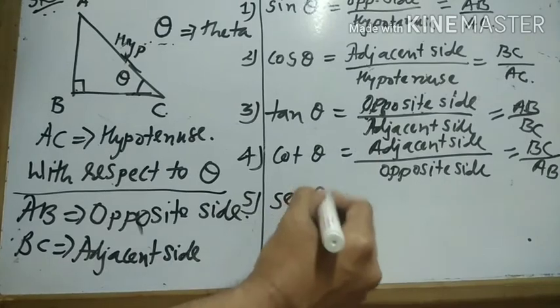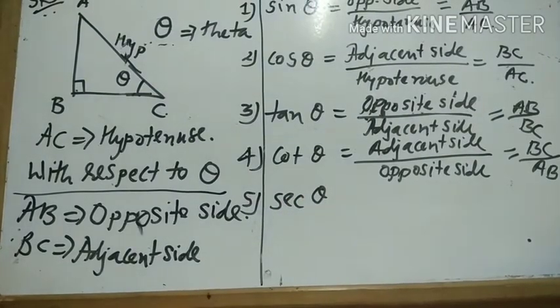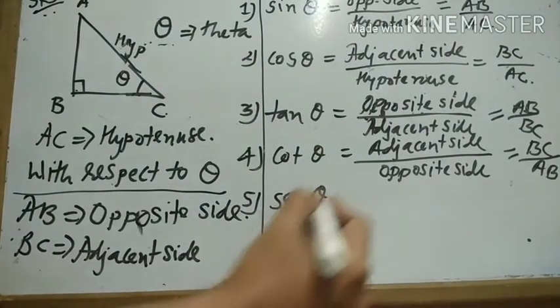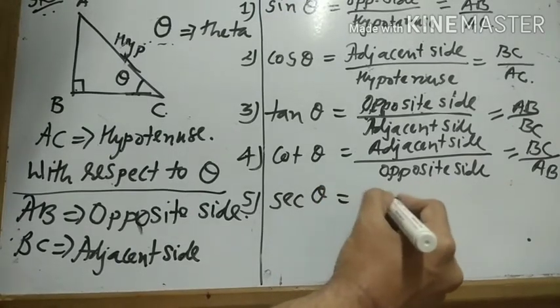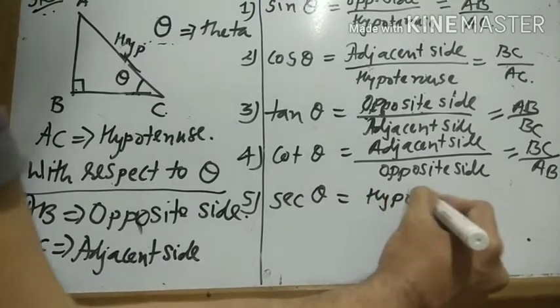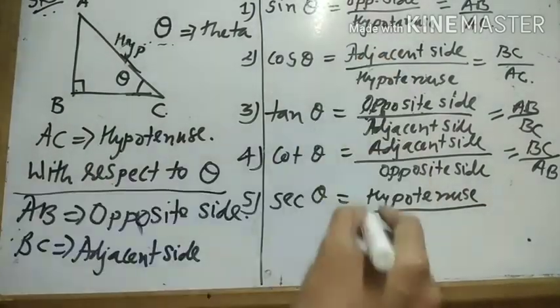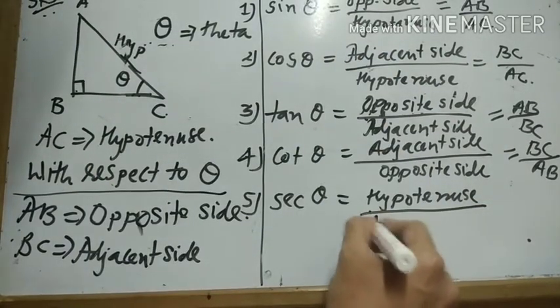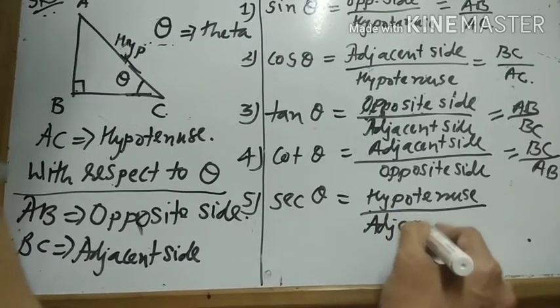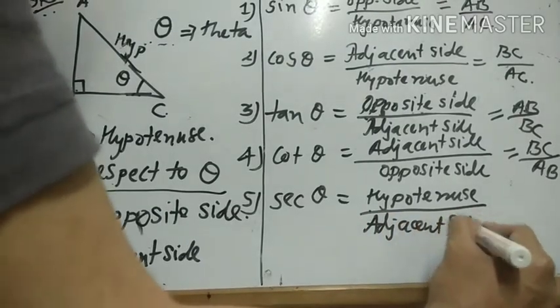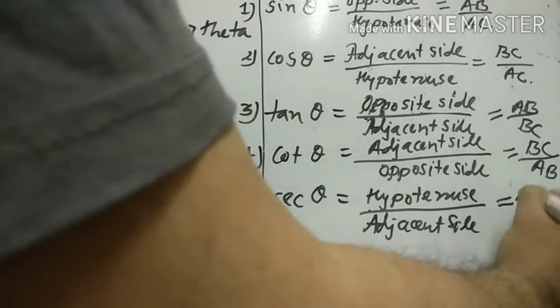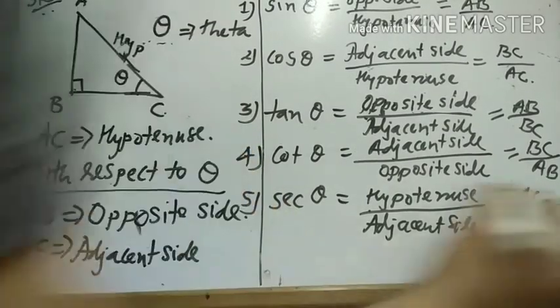Fifth ratio, if you remember, was secant ratio, which is written as sec. Sec theta will be nothing else but hypotenuse over adjacent side. Over here you can see hypotenuse is AC and adjacent side is BC.